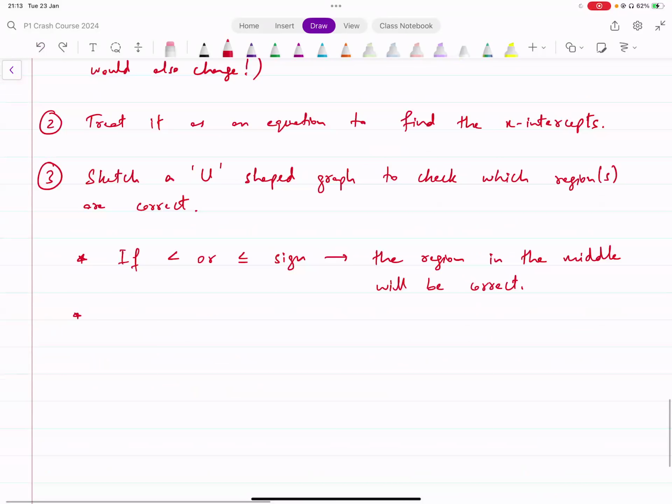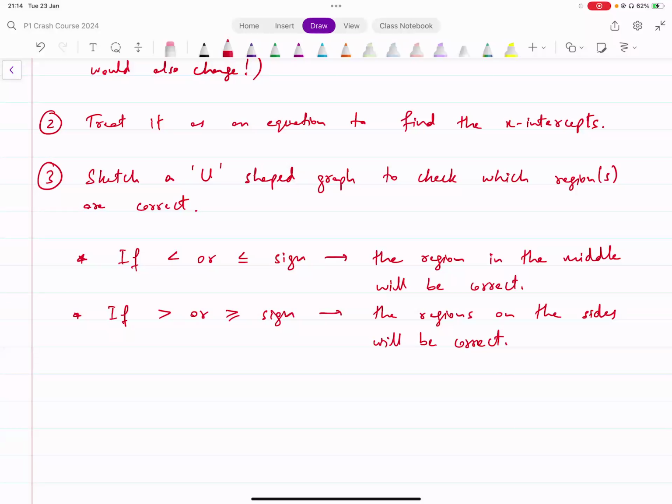And if you have a greater than or equal to sign, the regions on the sides will be correct.